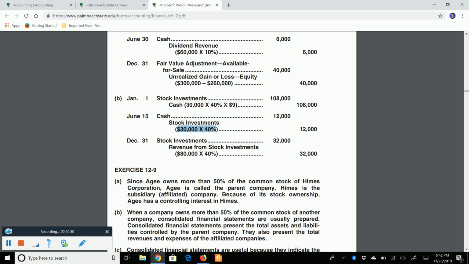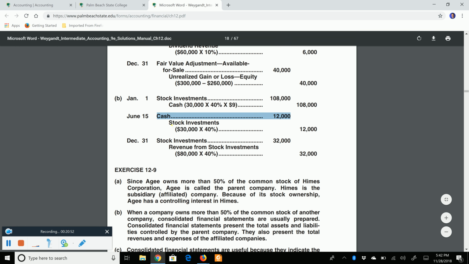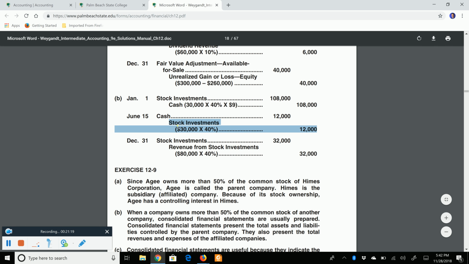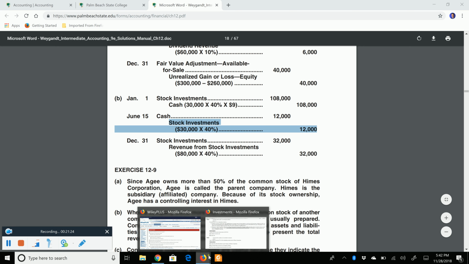So we're going to debit cash, but instead of crediting dividend revenue, as we did with the cost method, we are actually going to reduce our investment, our asset. Because think about it, effectively what it is, the company is distributing dividends. So we're effectively losing some of that investment value because it's being distributed to us. All right, so there's the difference in the credit. Instead of dividend revenue, we're actually going to reduce the investment.